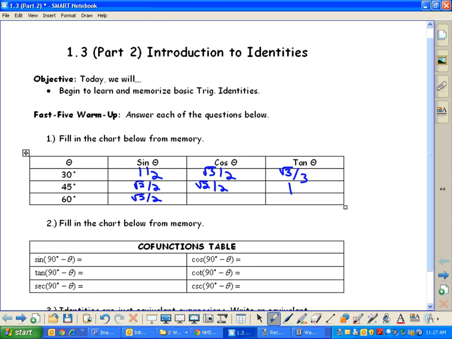You're right. Cosine is 60 degrees. We'll come back to you, Troy, or Tommy. Sorry. Yes. And keep his tangent for me.